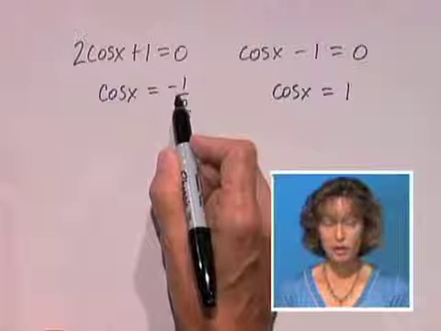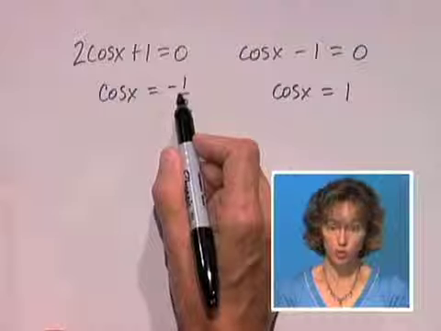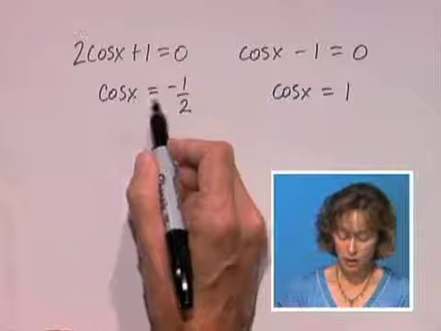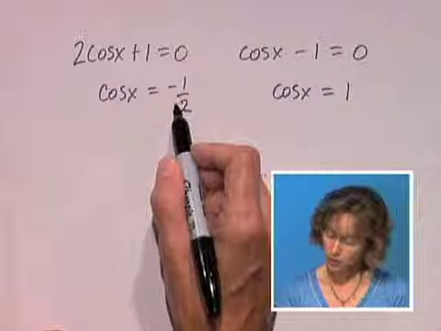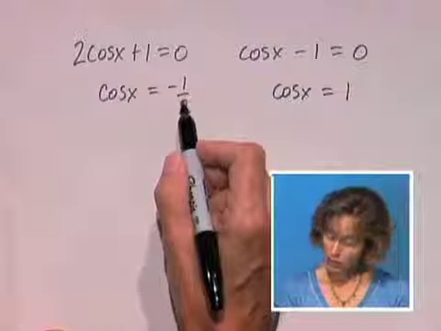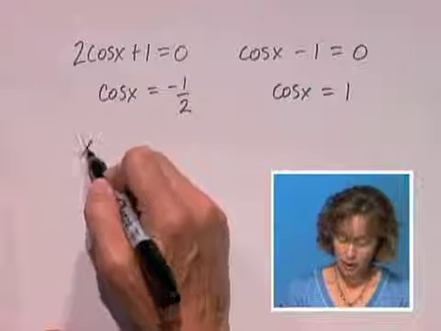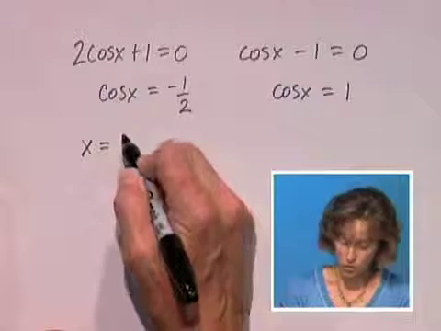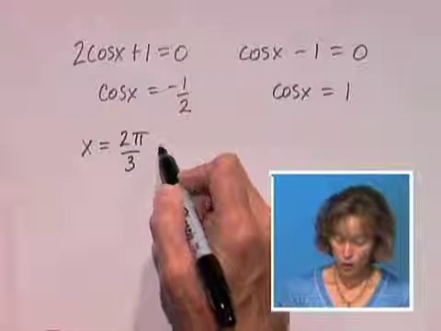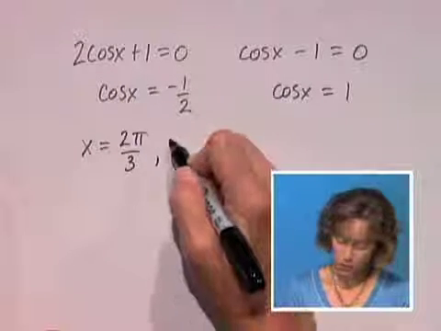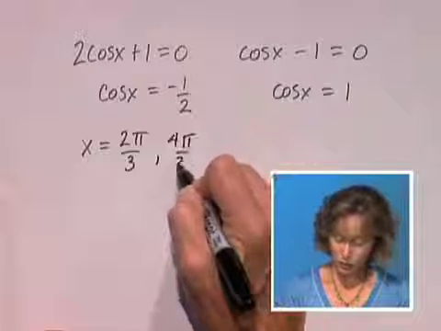Now the cosine is negative in quadrant 2 and quadrant 3. Cosine has value negative 1/2 if the angle has a reference angle of pi over 3. In quadrant 2, a solution is 2 pi over 3. In quadrant 3, with pi over 3 as a reference angle, we end up with 4 pi over 3.